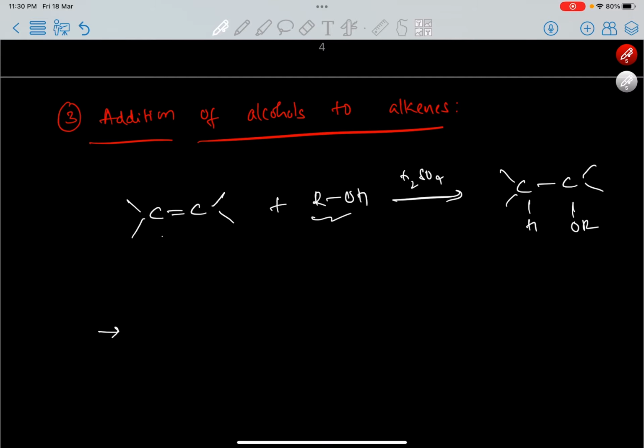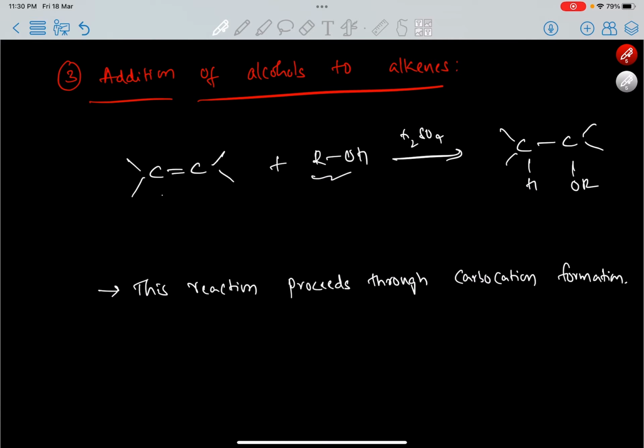The mechanism proceeds through carbocation formation. When does the carbocation form? When it undergoes an SN1 reaction, so the mechanism here is SN1.